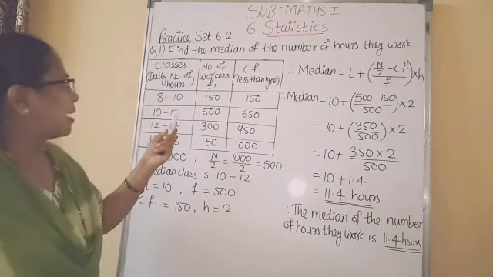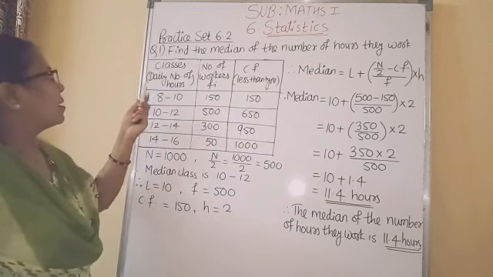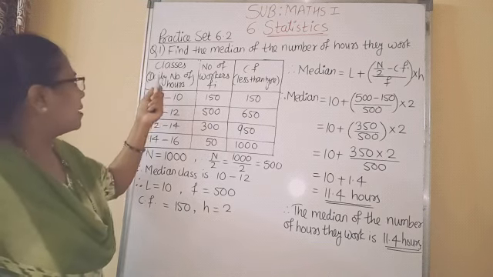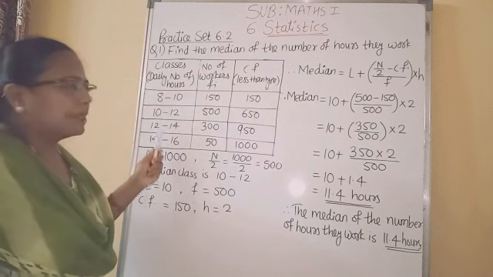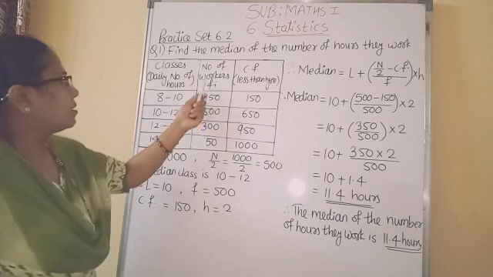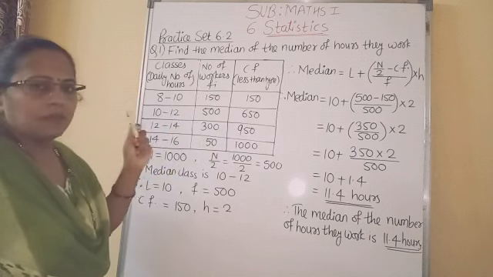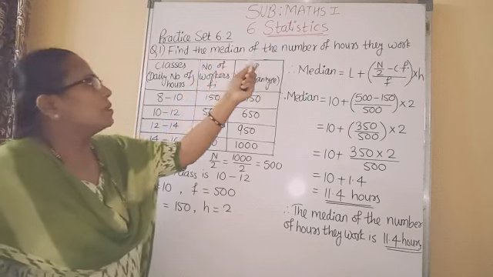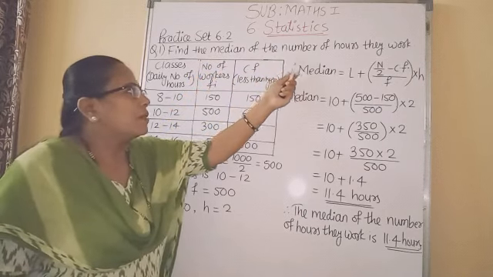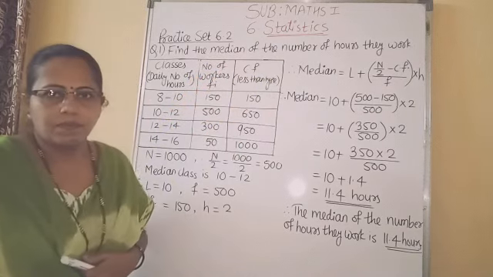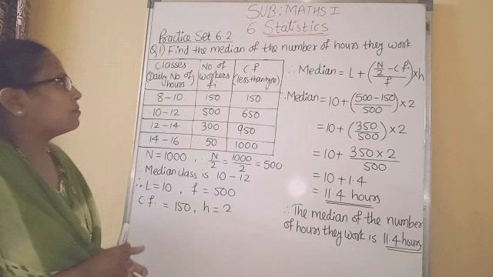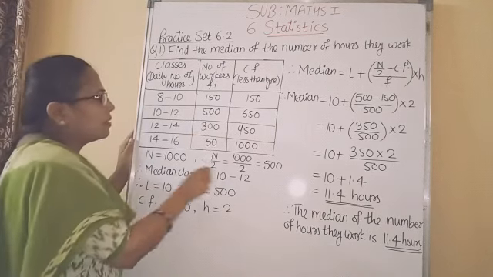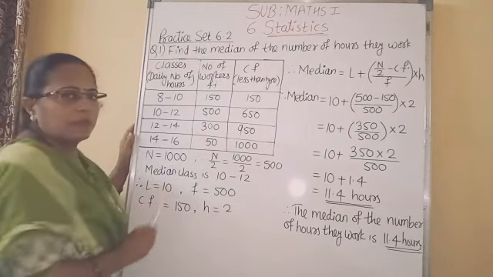So here in this example, the number of hours the workers work daily is given and the number of workers is given, and from this information we have to find the median of the number of hours they work. Okay students, as we saw in the first example, we have to prepare one table containing 3 columns.